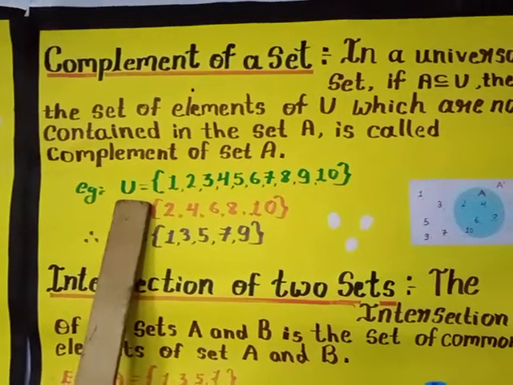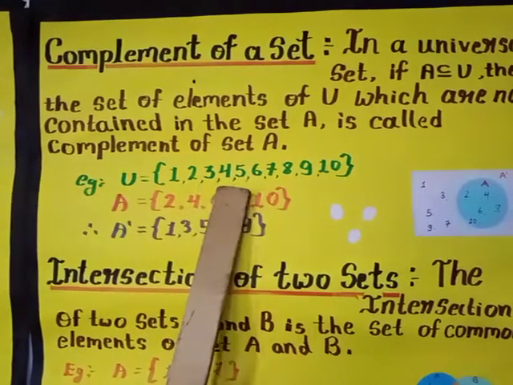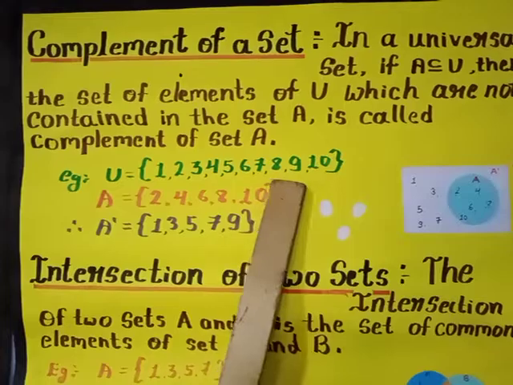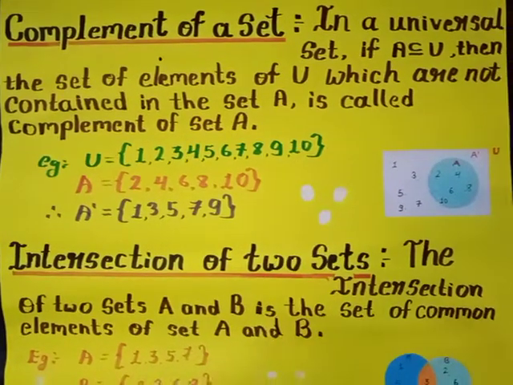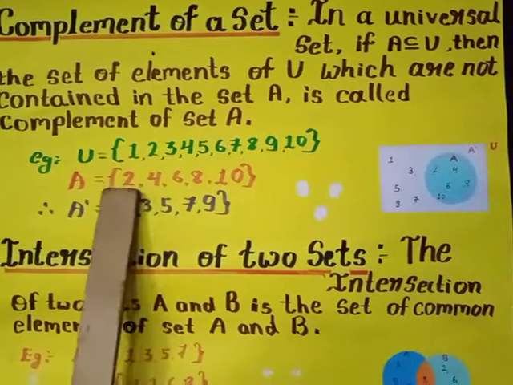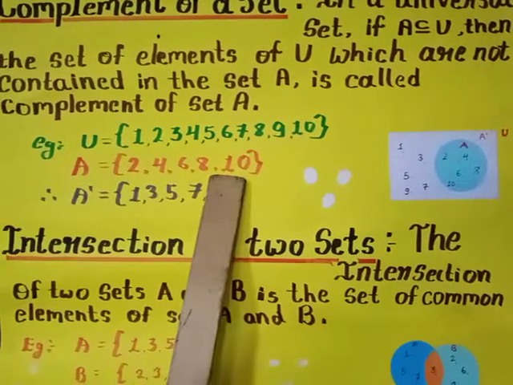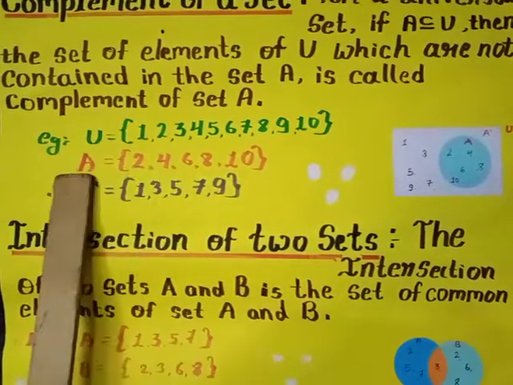We have the universal set 1, 2, 3, 4, 5, 6, 7, 8, 9 and 10. These elements are contained in the universal set. Set A is given as 2, 4, 6, 8, 10. These are the elements of set A.